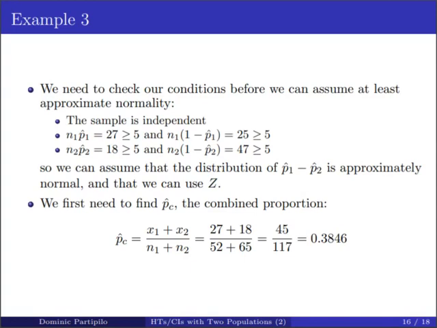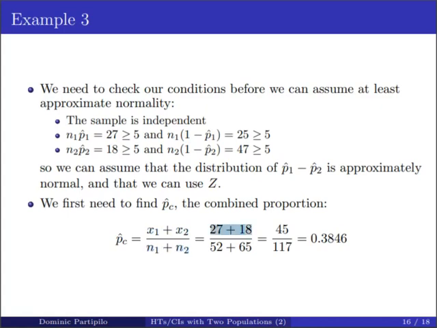Now, remember, since we were assuming our population proportions were equal under the null hypothesis, we actually can bring in what's called the combined proportion here, or p hat C, whichever one you'd like to call it. If we calculate that, remember, we're just combining the x's and dividing by the combination of the n's.